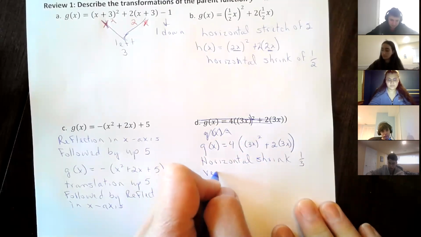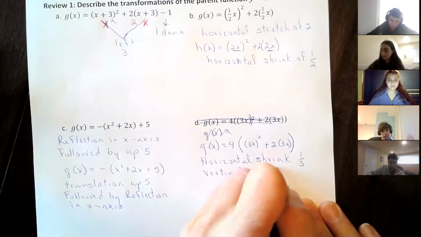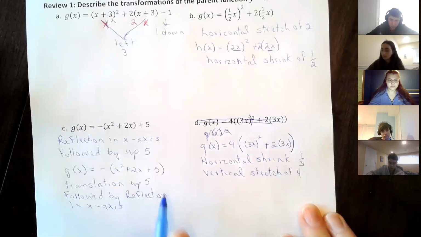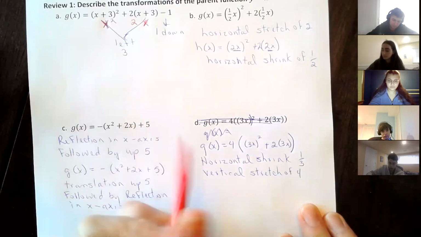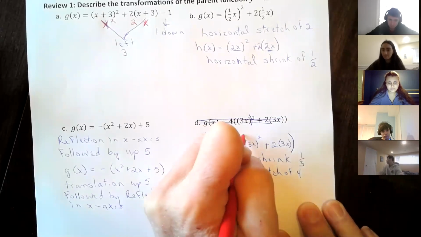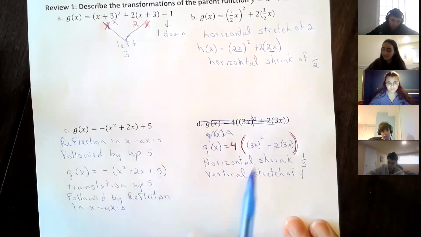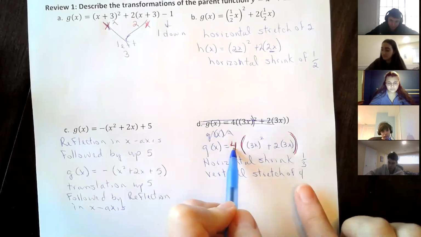And then a vertical stretch 4. Okay. Josh, can you explain your reasoning? Yes. Since we know that everything else is in the parentheses besides the 4, we know that the 4 went last.